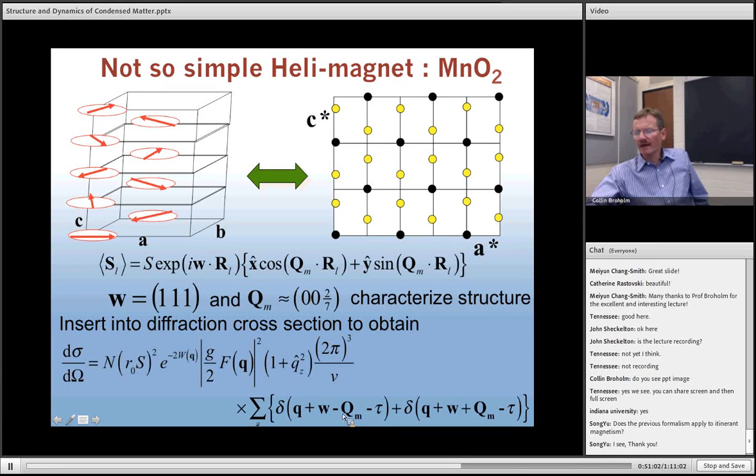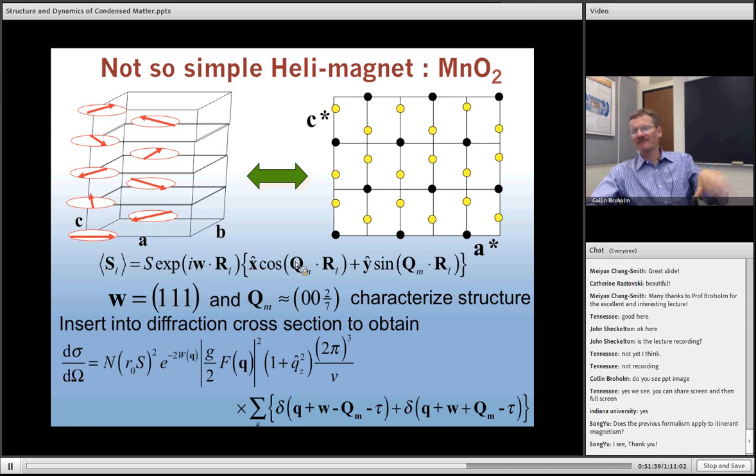Now, what was QM? That was the wave vector that was associated with this spiraling spin configuration. So it showed up in our expression for the spin configuration. So it's, in a sense, pretty natural that because the expression for the spin involves a specific wave vector, when I carry out this spatial Fourier transform, I see that wave vector appearing in the sequence of delta functions, and it functions in a way as a carrier wave on top of the Bragg peaks of the chemical unit cell.